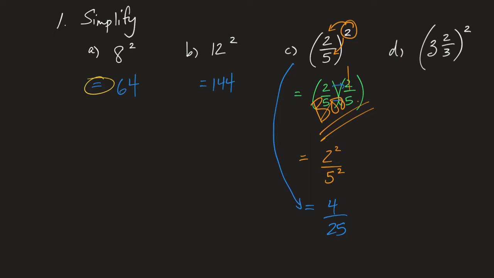Okay, we're back. So I am really hoping that nobody just put the blinders on and said, okay, so I square my... No, we have to be careful. Remember that 3 2/3 is really this.